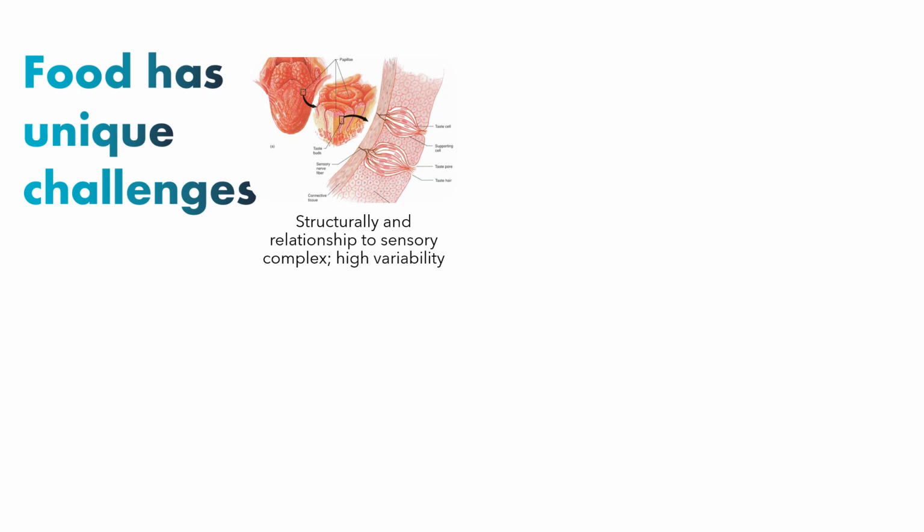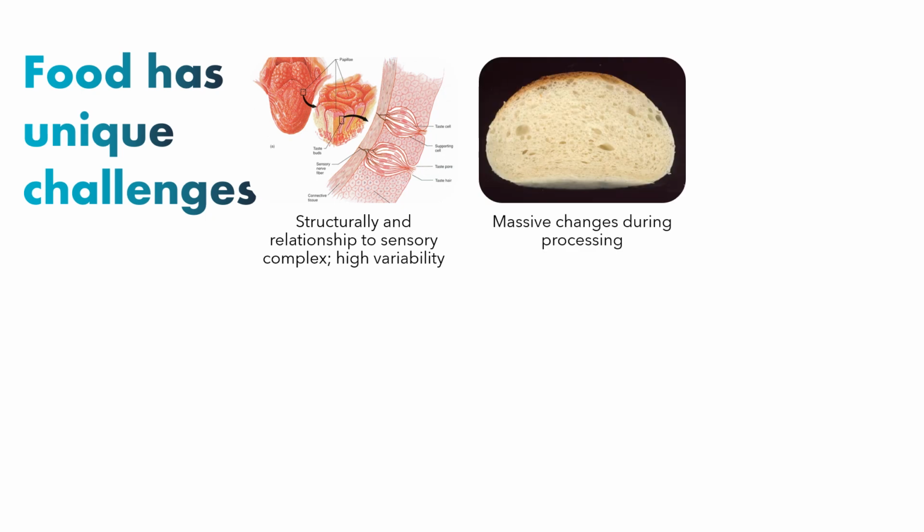It's not like we have nice little relationships available for these that we can use to build a model. Then there is also high variability here. And the next thing is there are massive changes during processing.